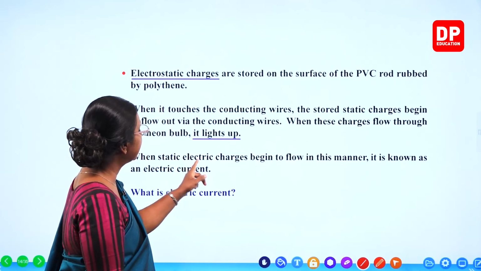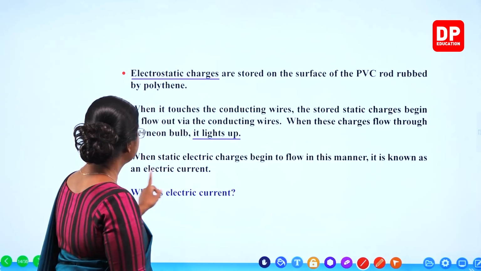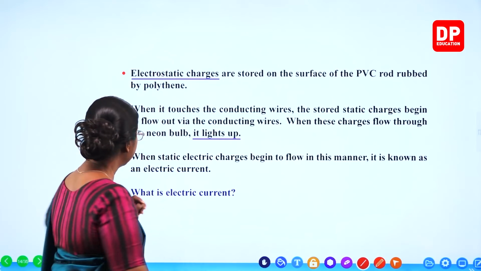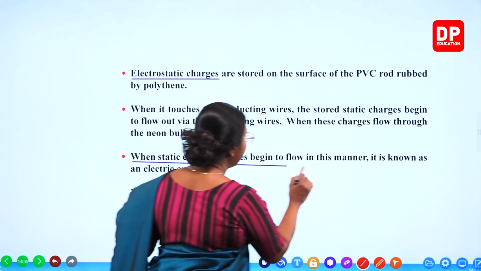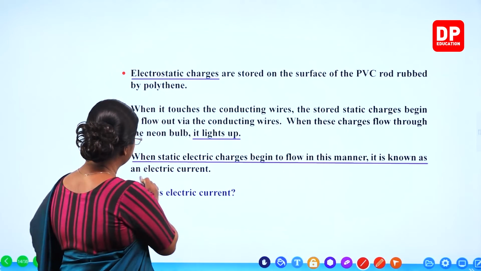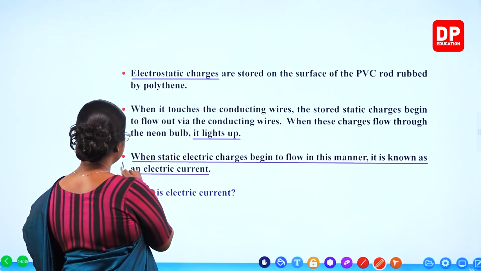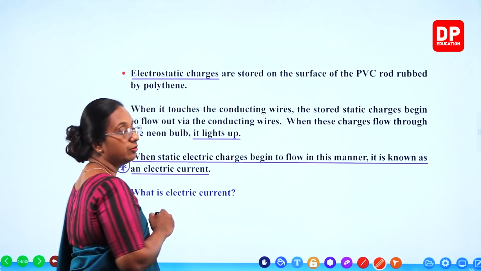And when static electric charges begin to flow in this manner, it is known as an electric current. That is very important. This is something you all have to remember.